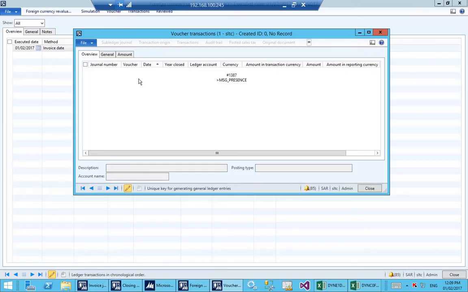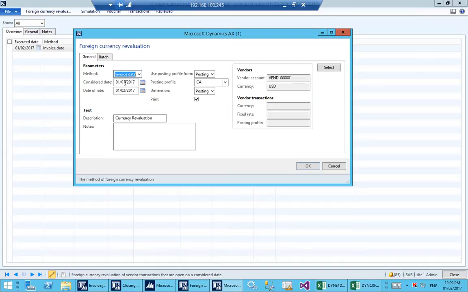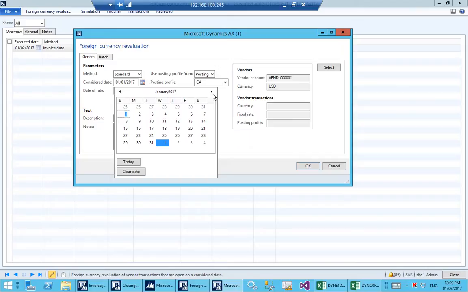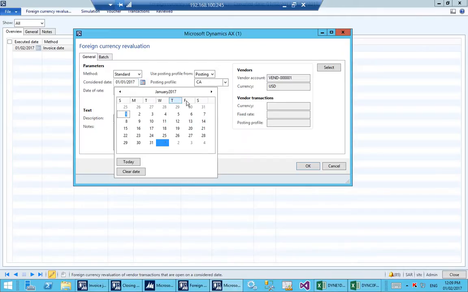Put 28 February onto the transaction date, if that is the case. Transaction date is end of February. Consider date. Okay, make it 1st of February.